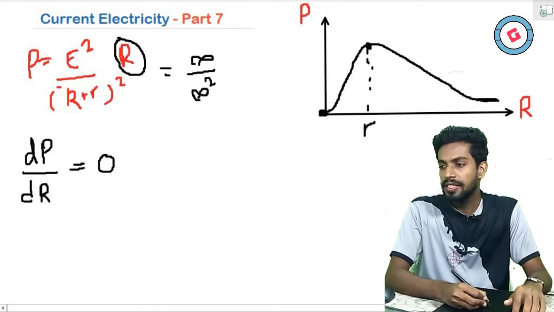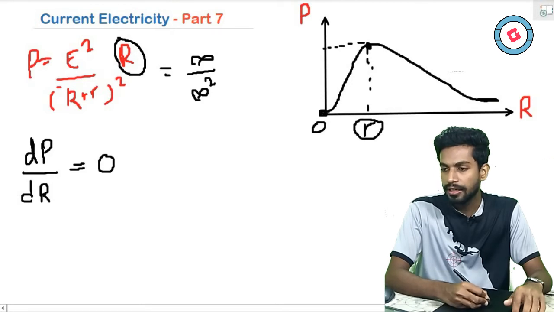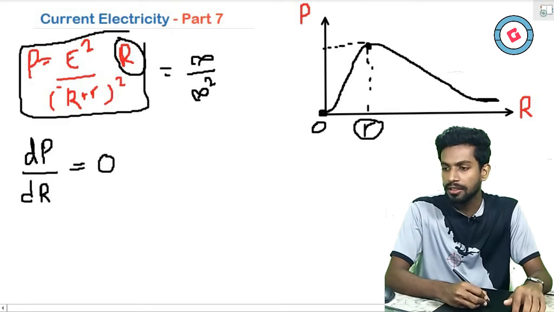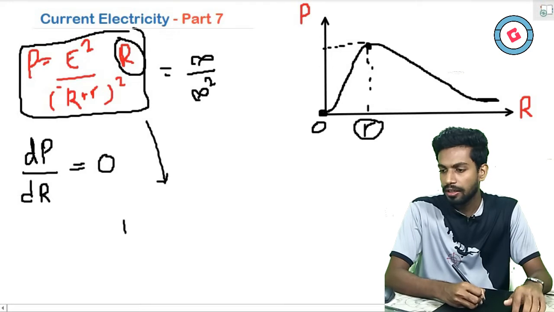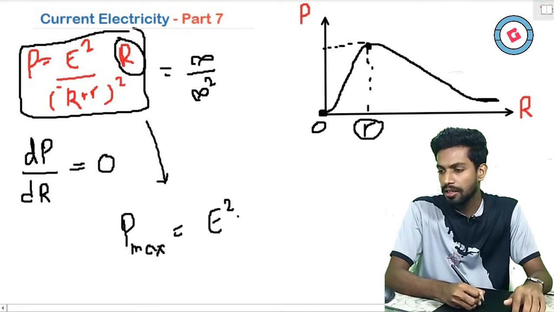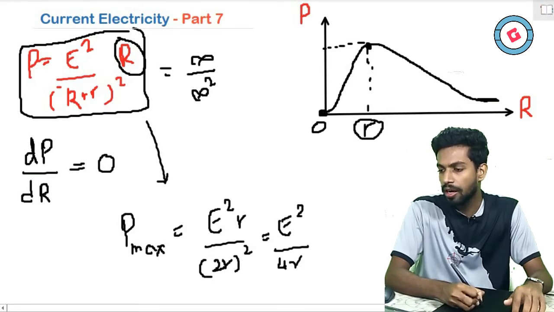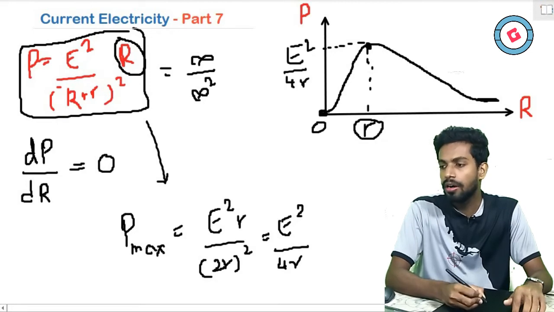So the power is maximized when the load resistor is equal to the cell's internal resistor. And if we substitute that value into this equation, we can obtain P max is equal to E squared r by 4r squared, that will be E squared by 4r. So that's the value here, E squared by 4r.